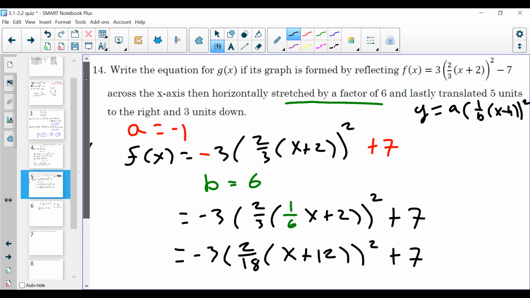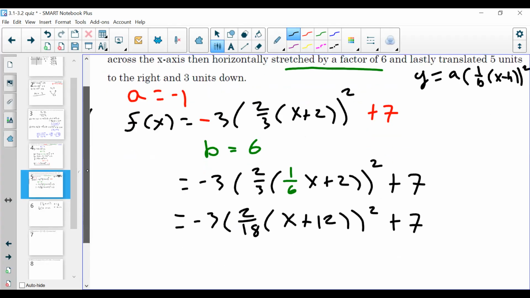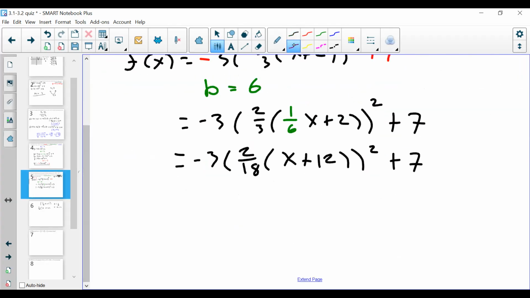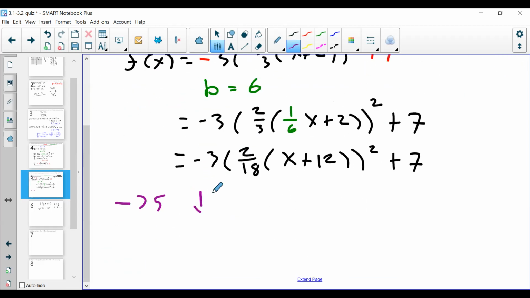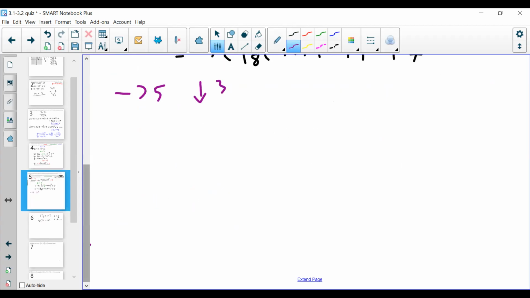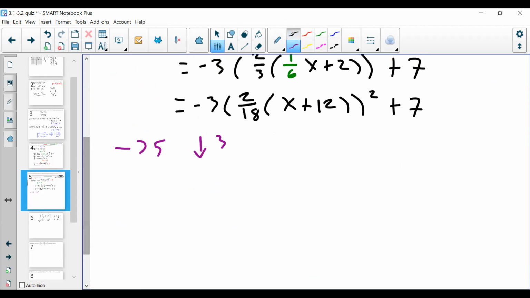All right. And lastly, I'm going 5 units to the right and 3 units down. Guys, keep it down, please. 5 right and 3 down. So 5 right, that means I'm going to subtract 5. Remember, anything dealing with x inside the parentheses is always a little weird. So what you end up getting is negative 3.